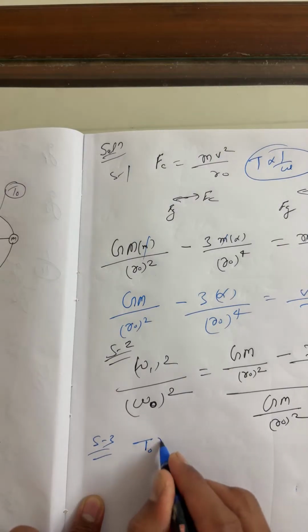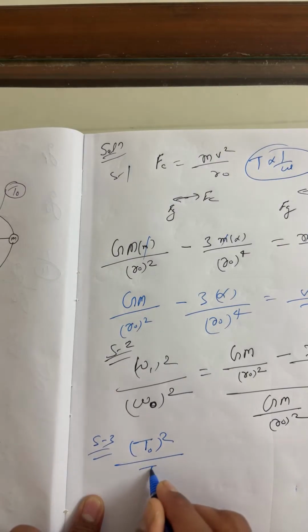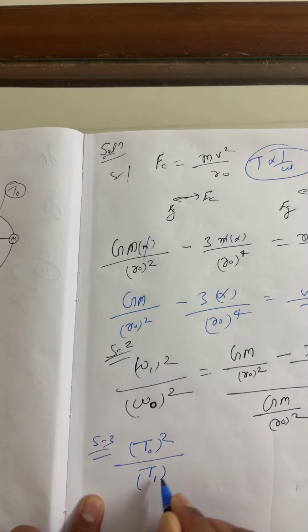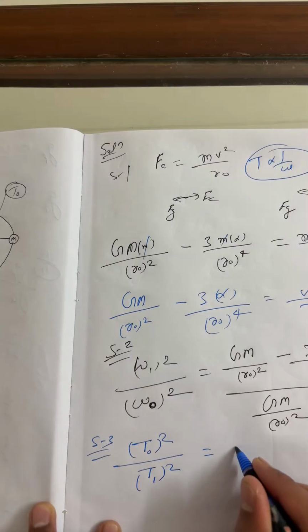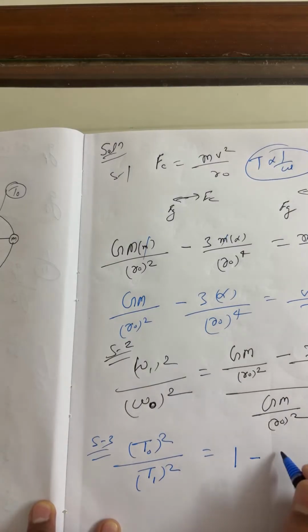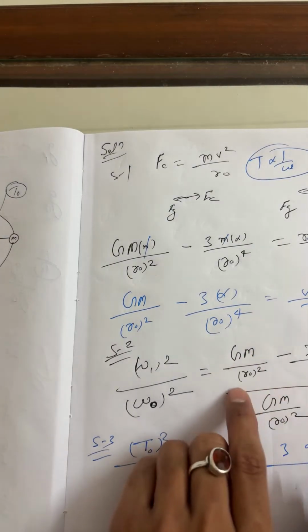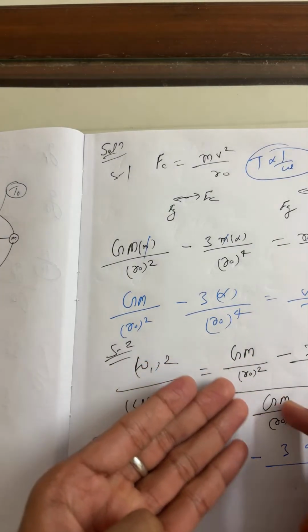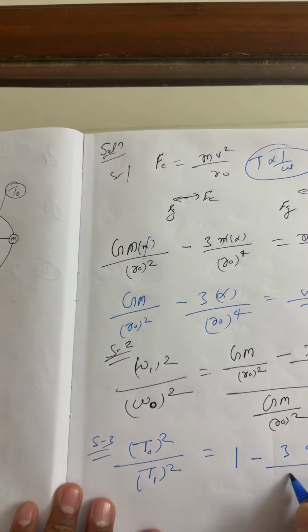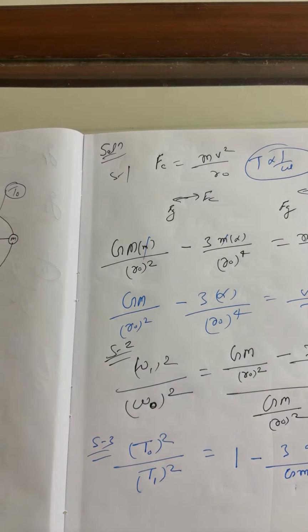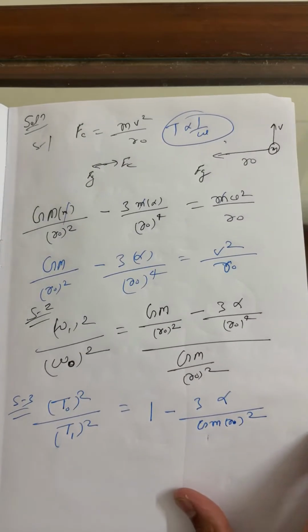So here I'll say T naught square upon T1 square is just the reverse of this: 1 minus 3 alpha, and we take the LCM here, so these terms cancel each other, leaving thrice of alpha upon Gm into R naught whole square.